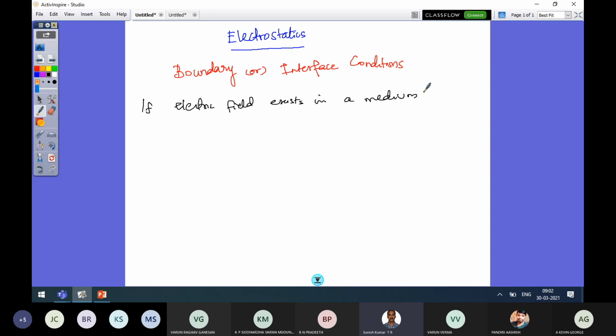Now let us consider a non-homogeneous medium, which contains two different dielectrics. In the first two modules we considered only free space. Then in the past few meetings we considered relative permittivity epsilon r, but only a single medium. Now we'll consider two different mediums.